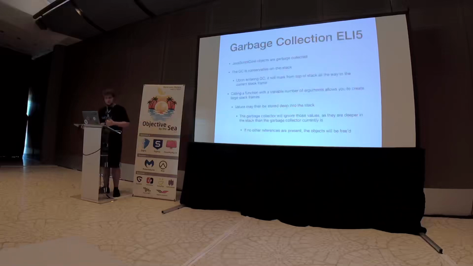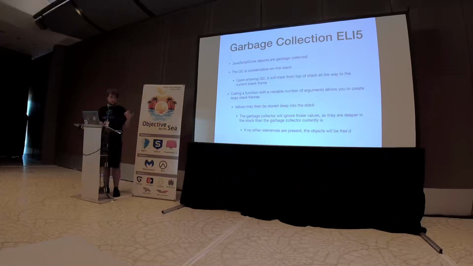Another thing about JavaScriptCore is that, unlike WebCore, it makes heavy use of garbage collection. Most objects in JavaScriptCore, almost all of them, are garbage collected. And the GC is conservative on the stack, which means that once you enter the GC, it will actually mark from the top of the stack all the way to the current stack frame. Another thing to note is that when you call a function with a variable number of arguments, you can create very large stack frames.